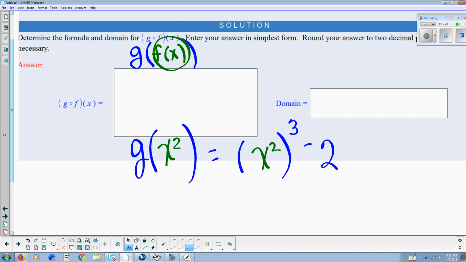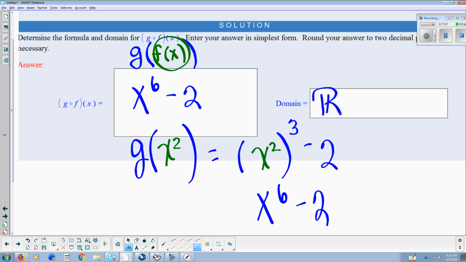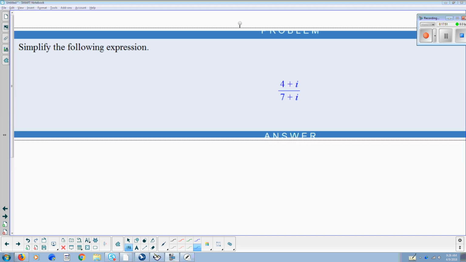Multiply. So 3 times 2 gives me x to the 6th power minus 2. So g dot f of x is x to the 6th power minus 2. What about the domain? Are there any restrictions? Do we have x's under an even root or x's in denominators? No. So again, we have a domain of all real numbers. So x to the 6th minus 2 and all real numbers.